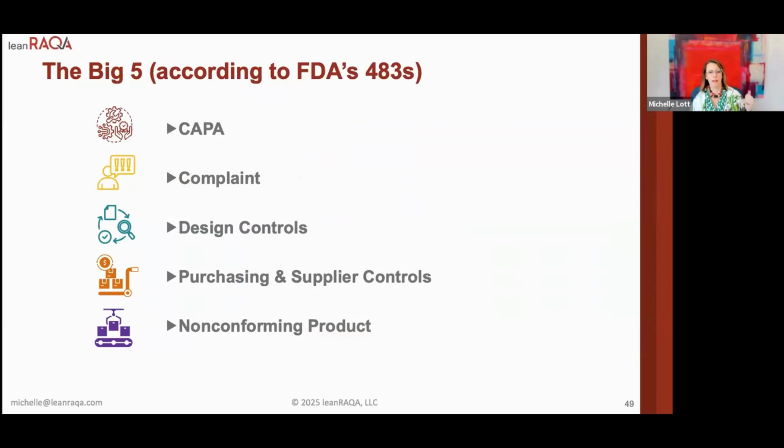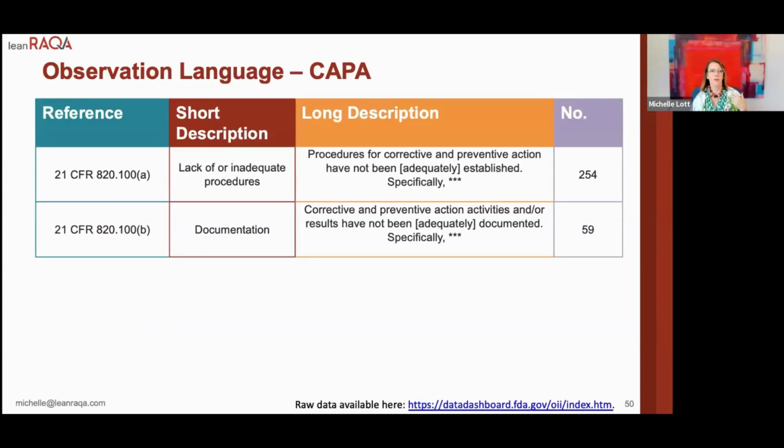So again, the big 5: CAPA, complaint, design controls, purchasing and supplier controls, and non-conforming product. If you look at how FDA currently writes observations or 483s, and this is going to be important because this is another area that we don't know how they're going to address, currently they use standard language that falls in two basic categories: either lack of procedures or it's being documented inadequately.